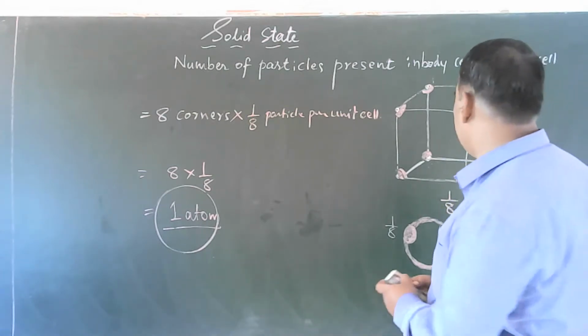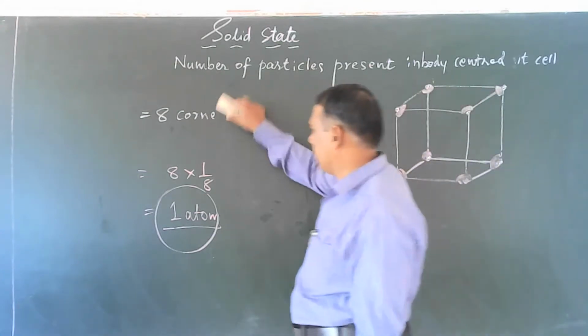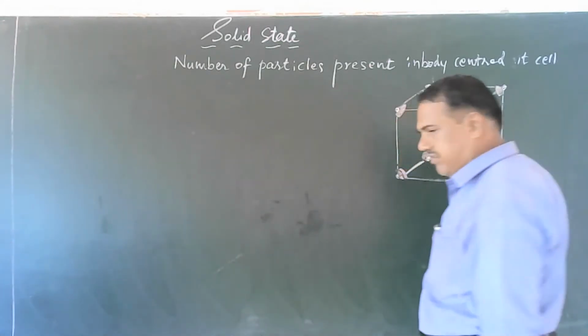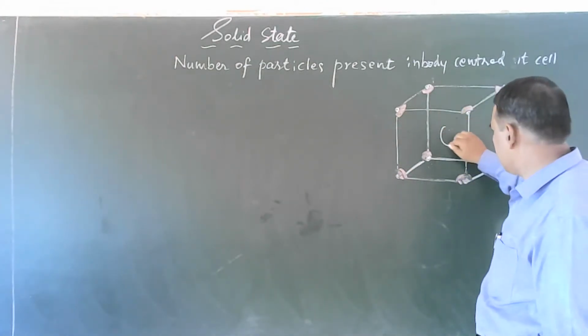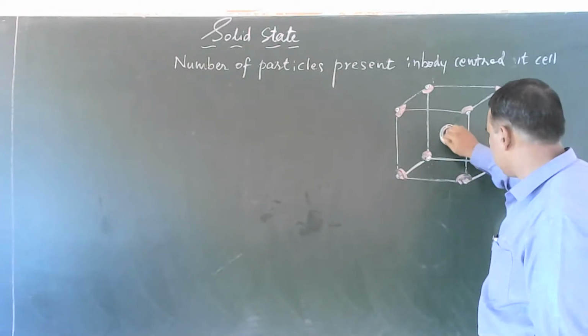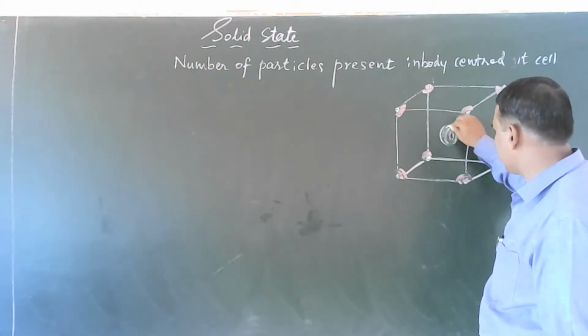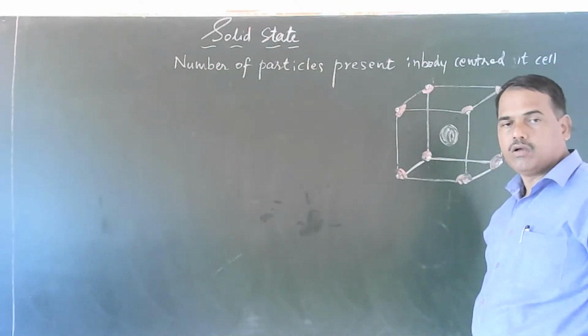Are you clear? In a body centered cubic unit cell, one of the particles is at the center of the body. This is nothing but one of the particles present at the center of the body. And what is the definition?